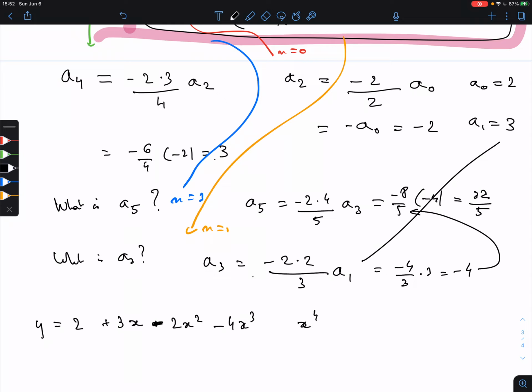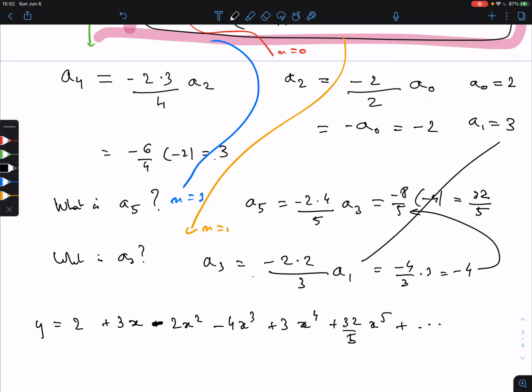Well, look, a4 was calculated, that was 3, right? And then a5, that was 32/5, x to the fifth. At some point, you're going to have denominators. You see where these things are coming from, right? So this is how we solve this. And of course, there's a dot, dot, dot here.